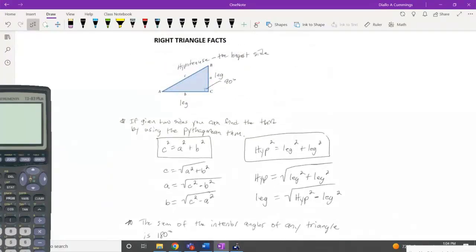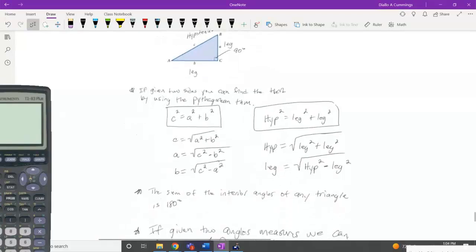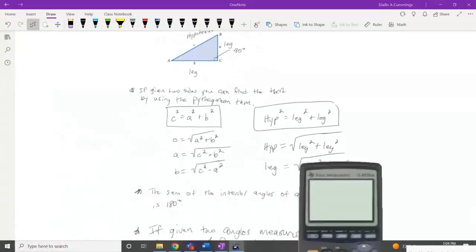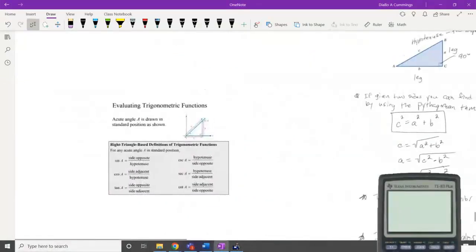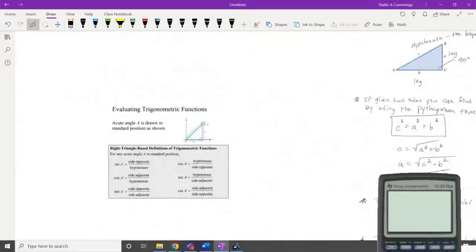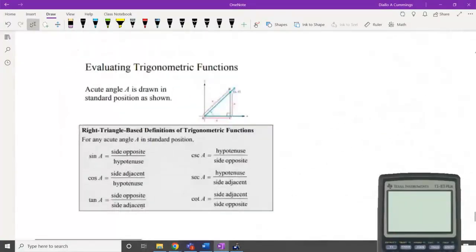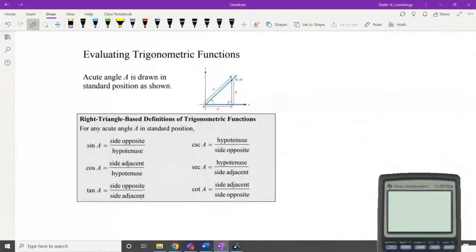All right, so here are some facts before we start dealing with all these formulas and setting up trig functions. Just about 3 or 4 facts about a right triangle. Based on that right triangle, we have 6 trigonometric functions.